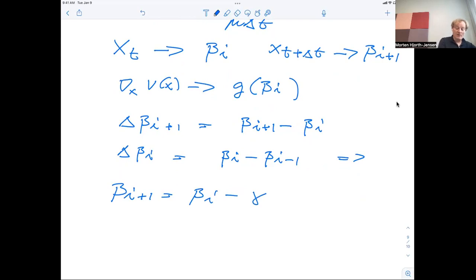And now I'm going to put a gamma of i here, because later we are going to look at ways by which we can scale this gamma of i. And then I have a g. Actually, we have a parameter g here, which is our gradient, g of beta of i. But then I have a plus alpha delta of beta of i minus beta of i minus 1.